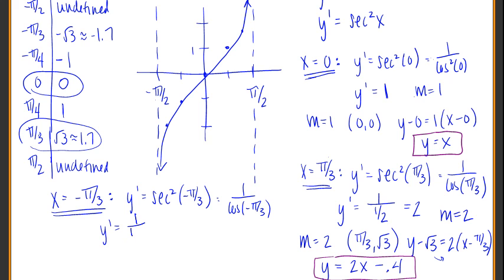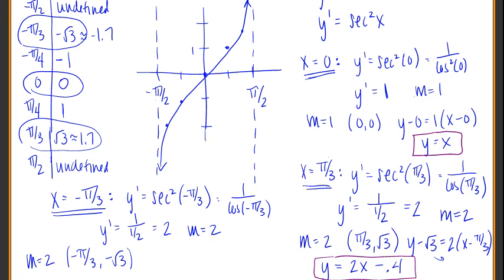So it's going to be 1 over 1/2, or 2. So m equals 2. So if we take that slope of 2, and then we use almost the same coordinate, in the sense it's going to be the negative pi over 3, and the y value there is a negative square root of 3. Let's form our equation, and we can be done with this part.